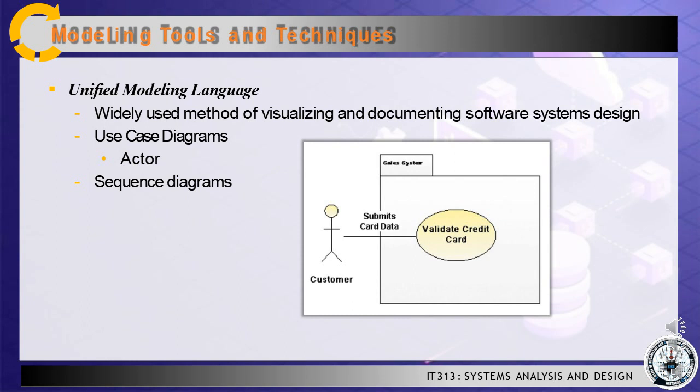UML provides various graphical tools such as use case diagrams and sequence diagrams. During requirements modeling, a system analyst can utilize the UML to represent the information system from a user's viewpoint. Use case diagrams, sequence diagrams, and other UML concepts.